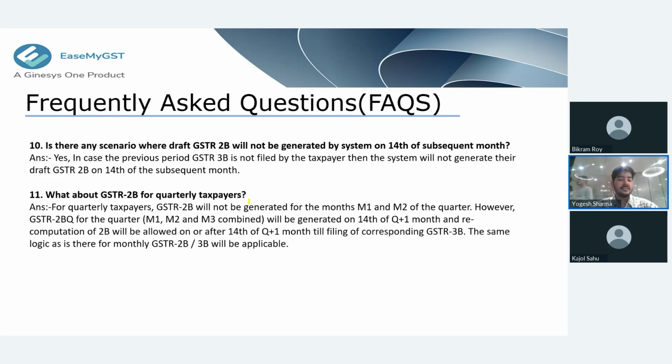The same logic as for monthly GSTR2B and 3B will be applicable. So if you are filing your return quarterly, then your IMS will be available for you in the last month, and you will be able to accept, reject or pend the invoices that are available in the whole quarter. And all the actions that you have taken after the 14th will be available for you in your GSTR2B.